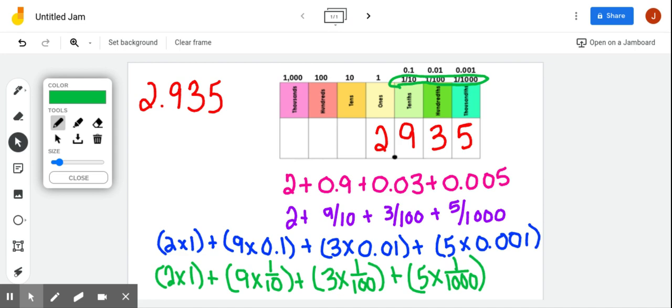So again, you can see that what I wrote in that green color is the exact same thing as the blue, where I'm taking those digits 2, 9, 3, and 5 and just multiplying them by the place value that they're in.